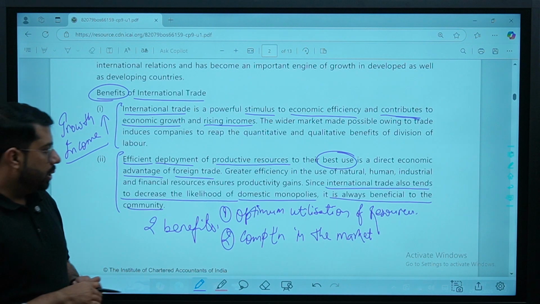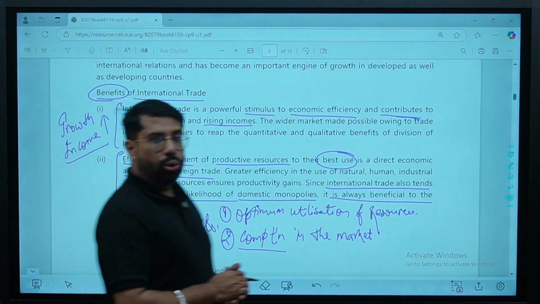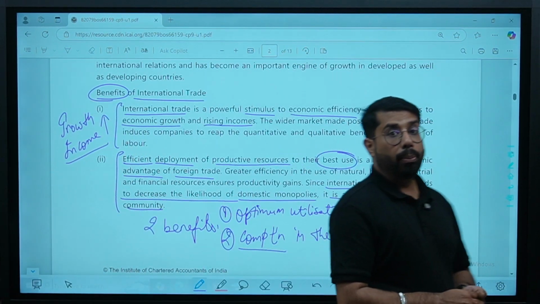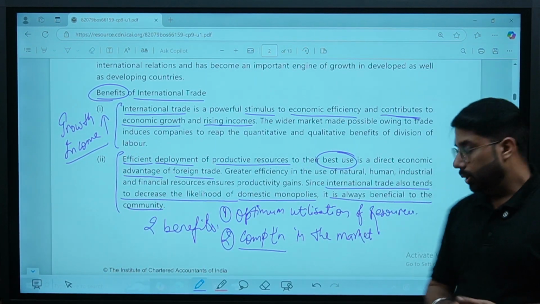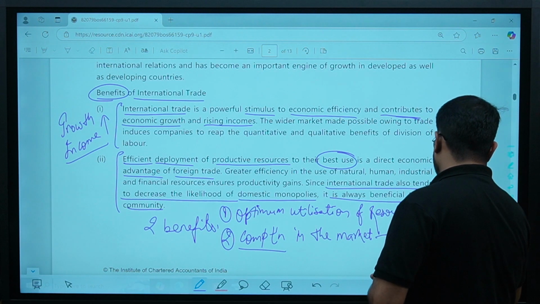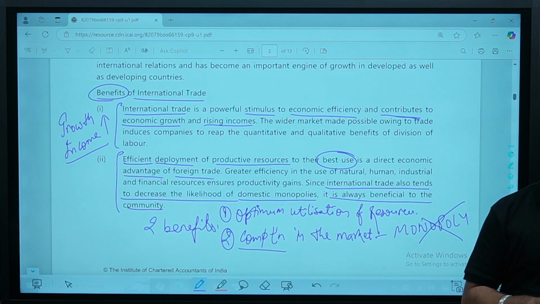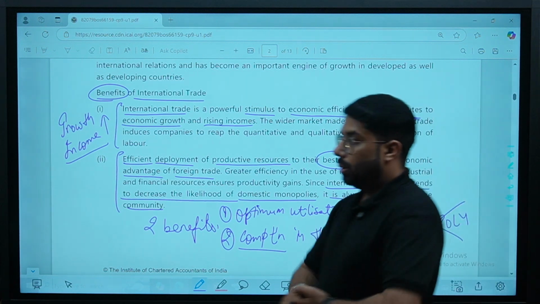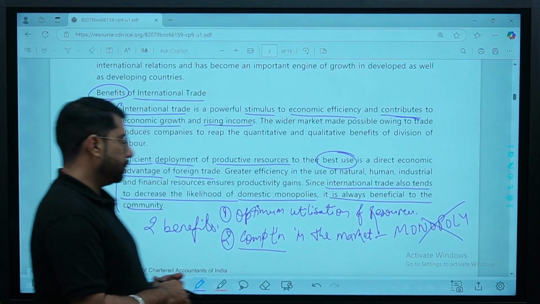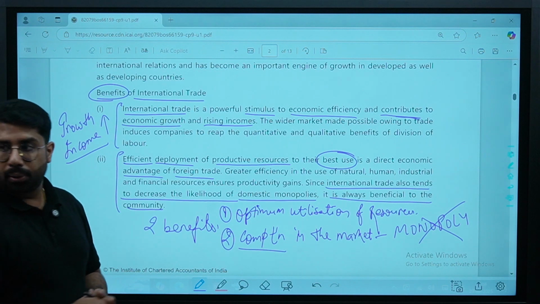In that case, there is competition for the domestic sellers, so they will not charge you more. Monopoly will not be created here. Okay, so there is no chance of the creation of monopoly. Are we clear with this thing? Sure, everyone? Deployment means allocation. Are you clear with this thing? Sure?